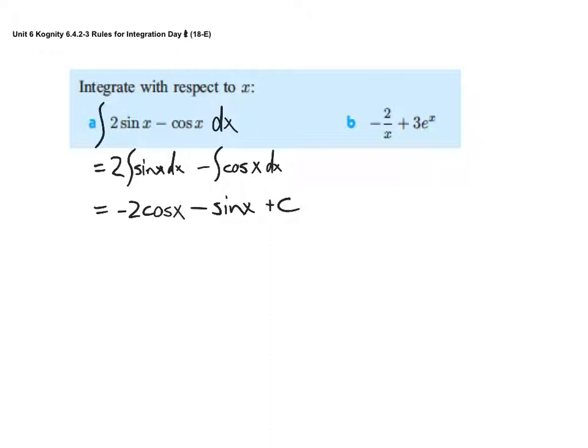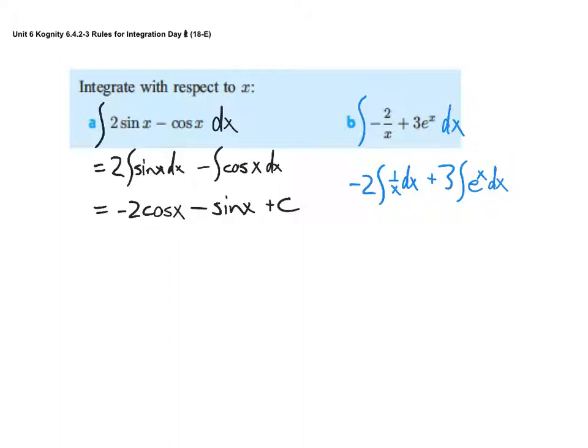For part B here, if I wanted the integral of negative 2 over x plus 3 e to the x dx, I could rewrite that. There's a negative 2 in the first part, so I'm going to make that negative 2 integral of 1 over x dx plus 3 times the integral of e to the x dx.